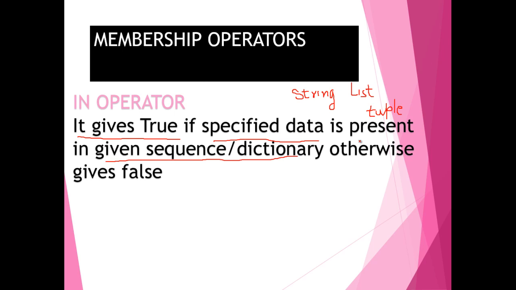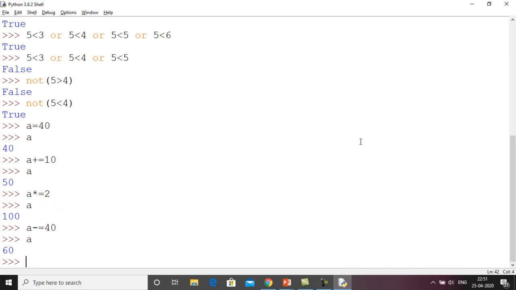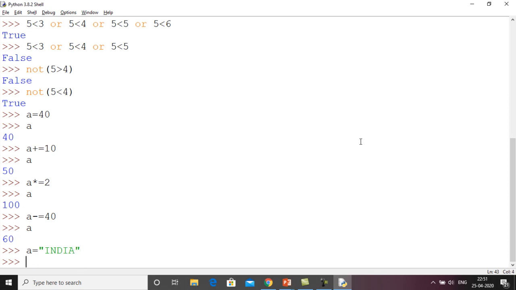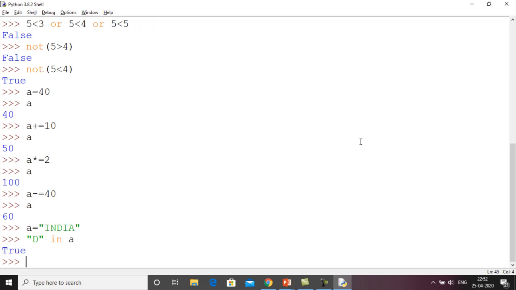Let me first show you this operator practically, and then we will come to this definition once again. Suppose I have written A is equal to India. If I write D in A, what answer will I get?